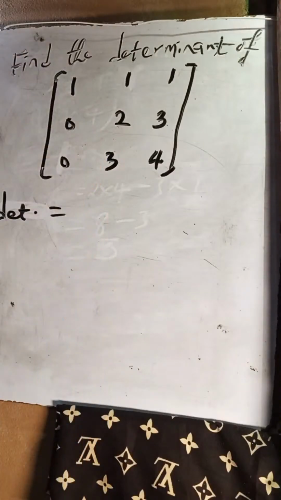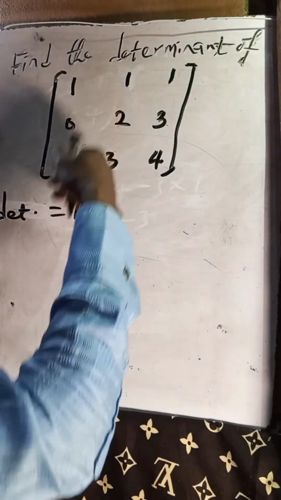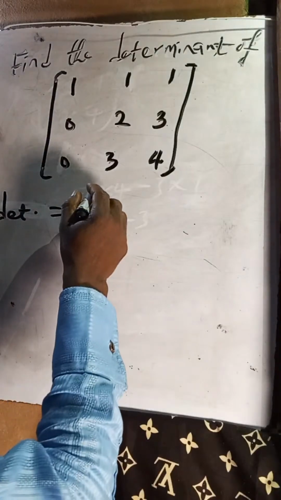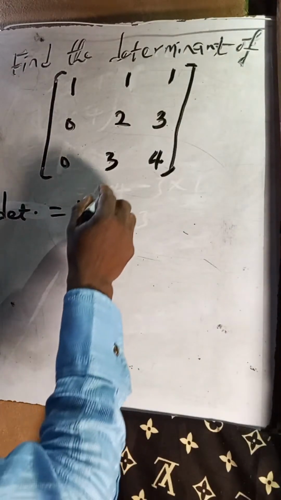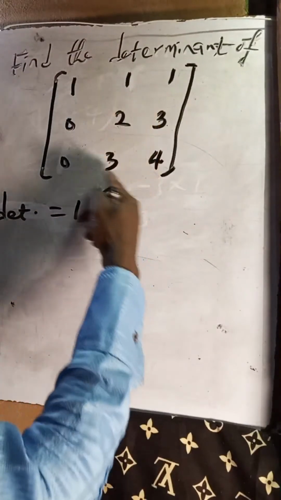We have 1. Just take only 1. Remember, we are following this way, not here. Cross this one. Then use only this one. Use only this.